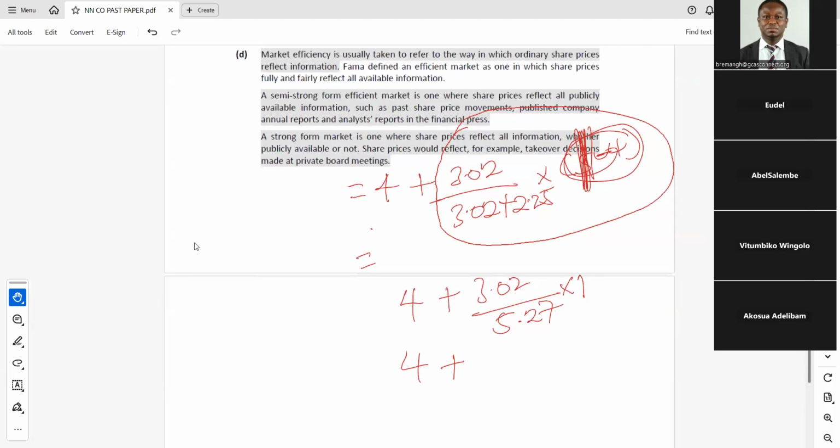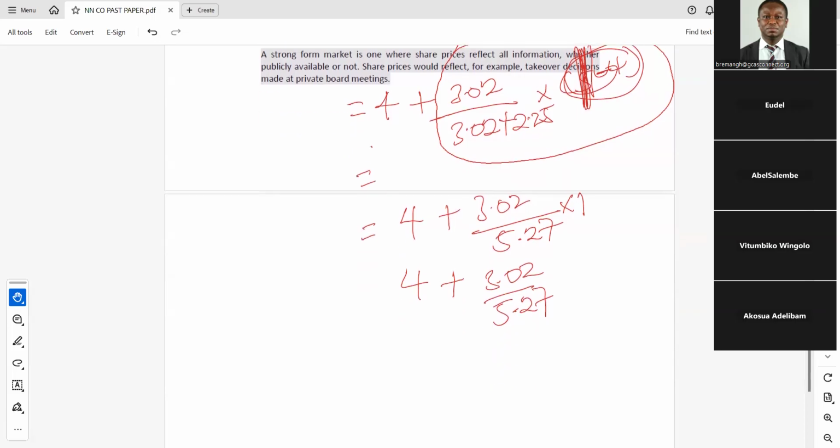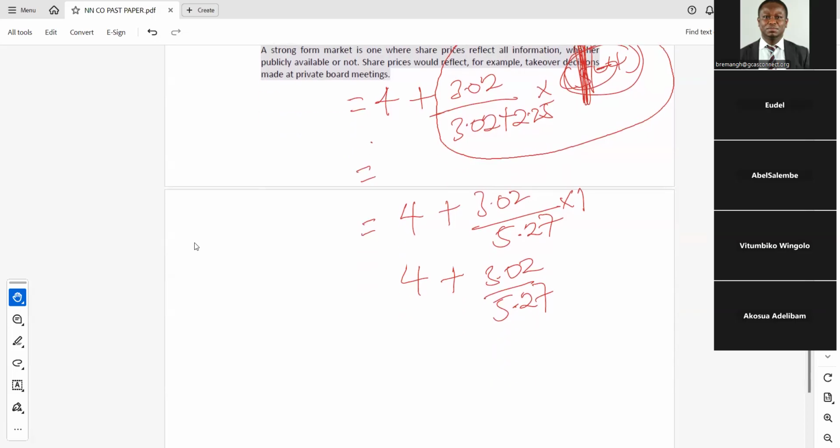So this gives me 4 plus 3.02 over 5.27. Although, don't calculate it like this, right? But I'm showing you to explain what I mean. So it is 3.02 divided by 5.27.